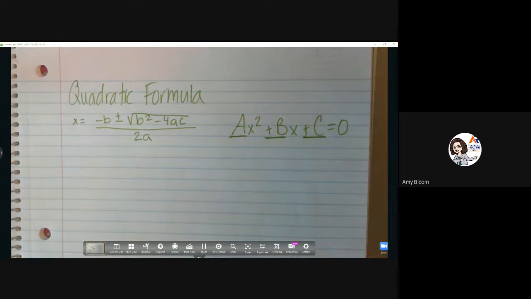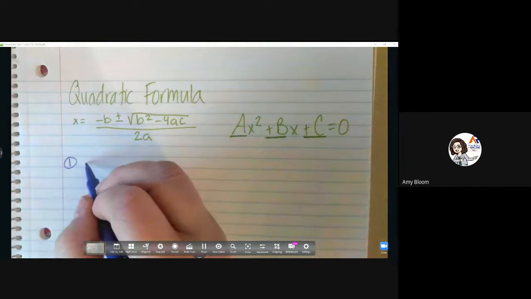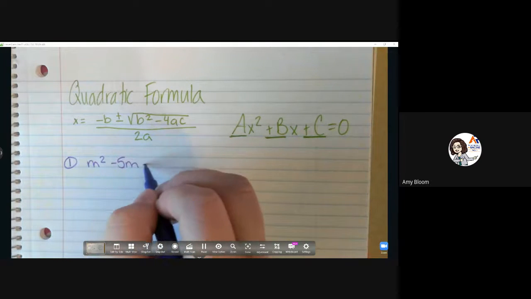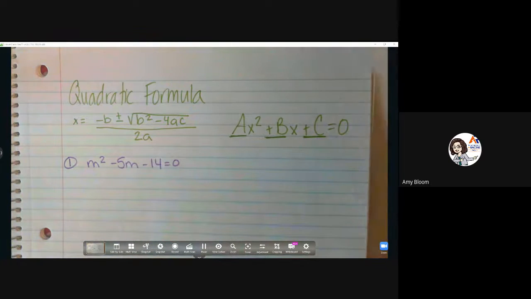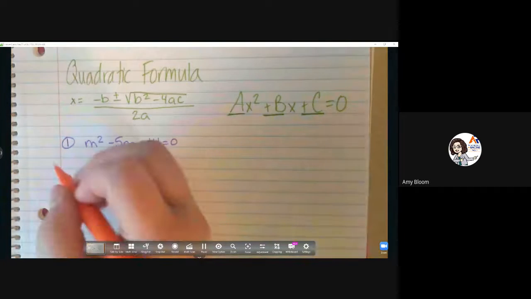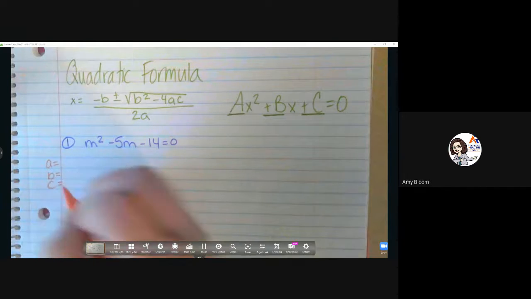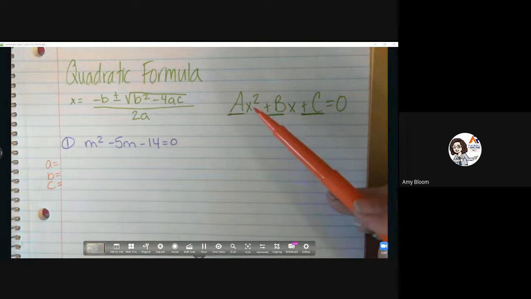Okay, so let's go ahead and look at that first problem. Number 1 says m squared minus 5m minus 14 equals 0. The first thing we need to do is identify our a, our b, and our c. So I'm going to come off to the side here. Remember, your a is whatever's in front of the x squared term.